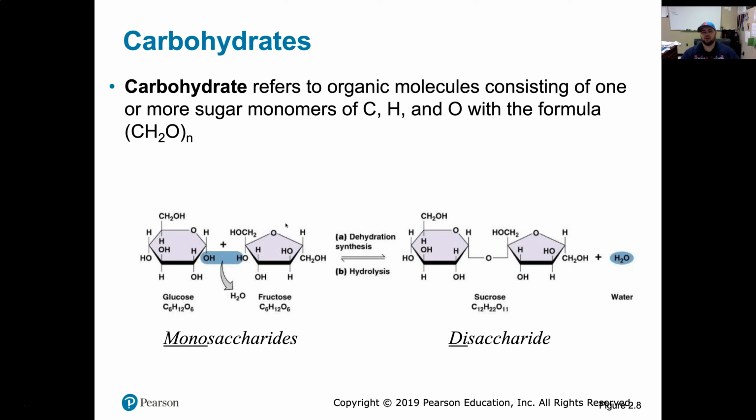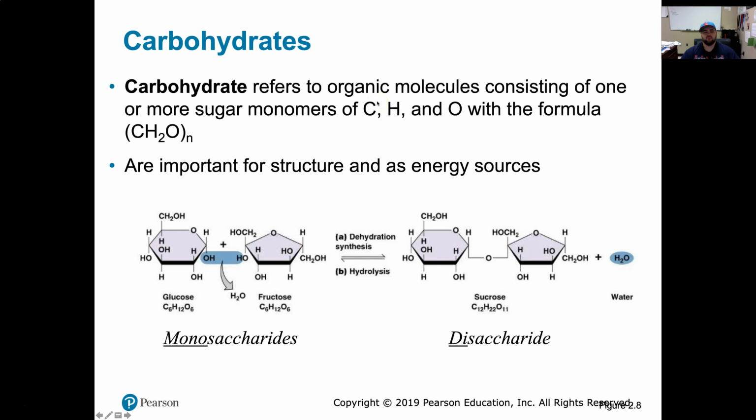I mentioned that carbohydrates are sugars. The carbohydrates have this formula, CH2O, with an N on the outside.